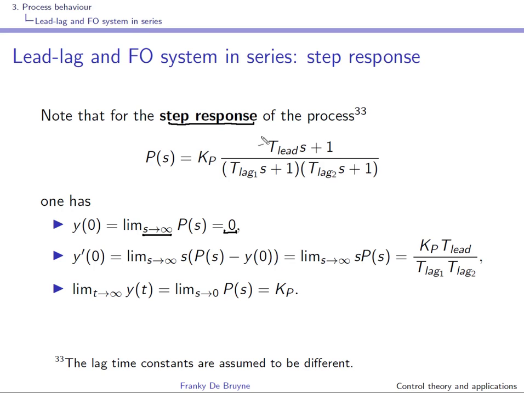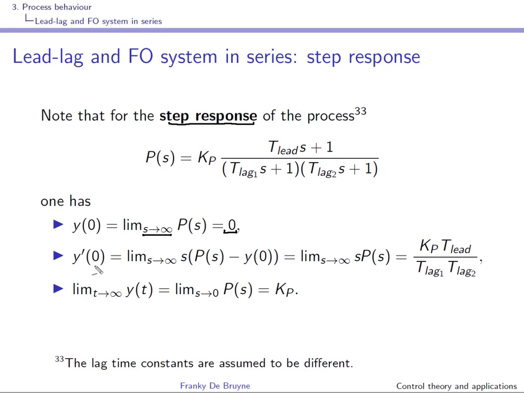This is very different to the lead lag system, 1 lead time constant and 1 lag time constant, where there you have a direct feed through kp t lead over t lag. If you have 2 lag time constants and 1 lead time constant, then the step response at the origin is 0.